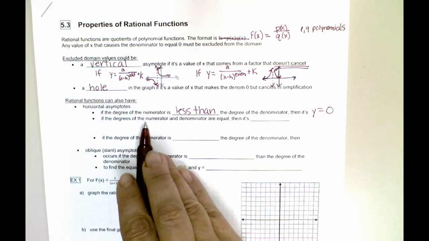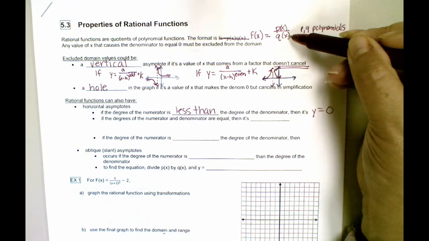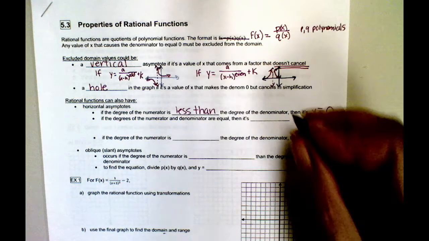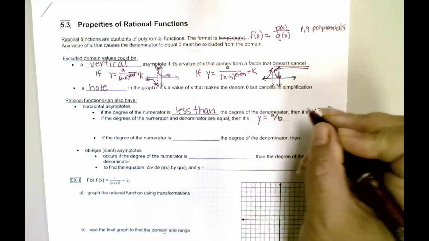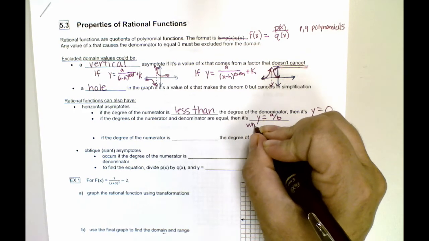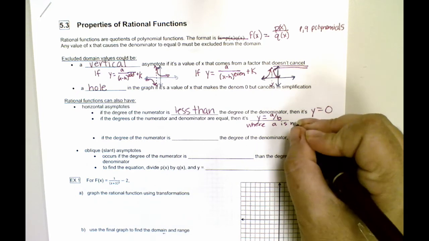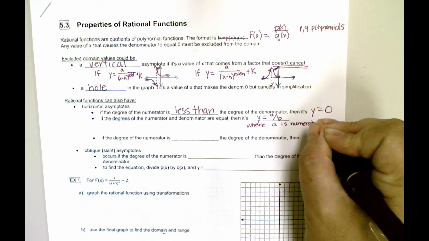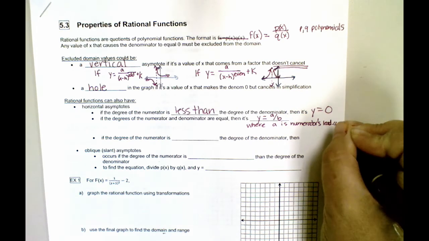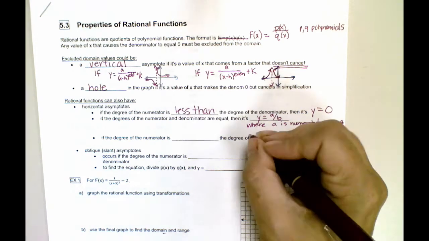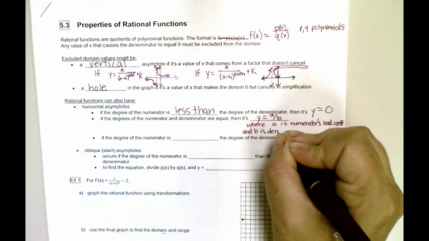If the degrees of your numerator and denominator are the same, so p of x and q of x are the same degree, then it's y equals a over b, where a is the numerator's leading coefficient and b is the denominator's leading coefficient.